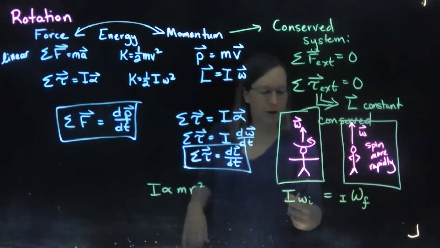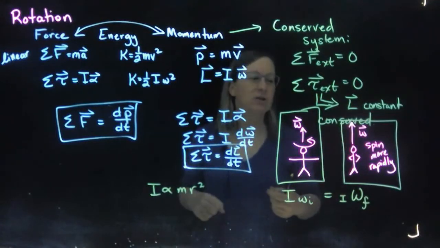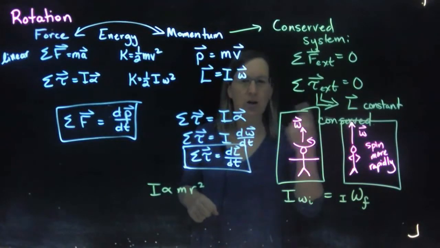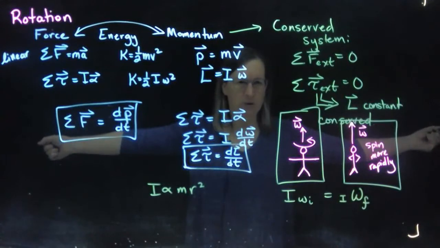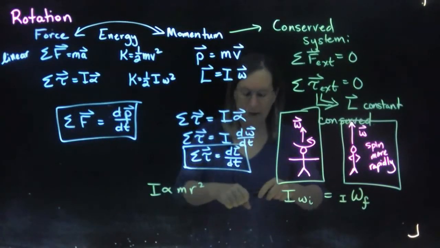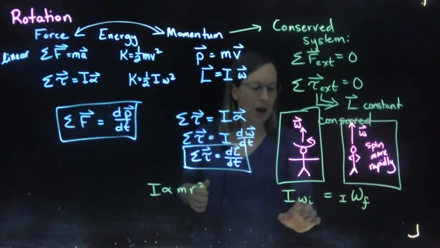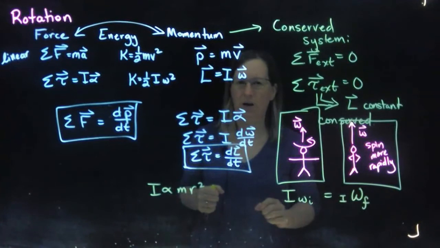And so you can figure out how the moment of inertia has changed by how much the speed has changed, the angular speed, number of revolutions a second. And you've seen this when you've seen ice skaters take their arms in a spin and then pull everything in, and the spinning just really picks up. Okay, and what they're doing is they're taking advantage of conservation of angular momentum.